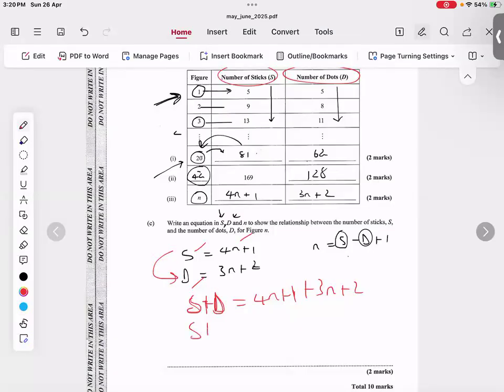So S plus D is 4N and 3N is 7N, and 1 plus 2 is 3. I'm going to go out on a limb and work with that, because now I have an equation in S, D, and N. If I'm wrong, I'm going to go down swinging.